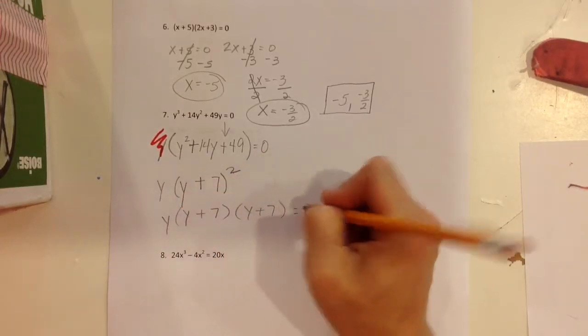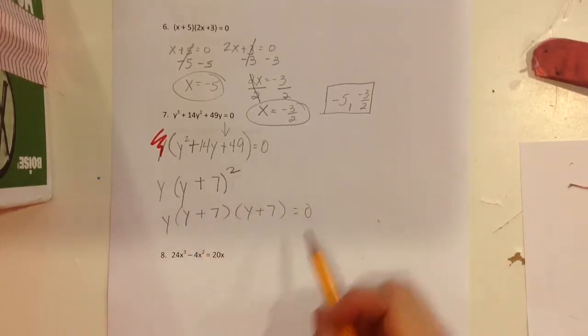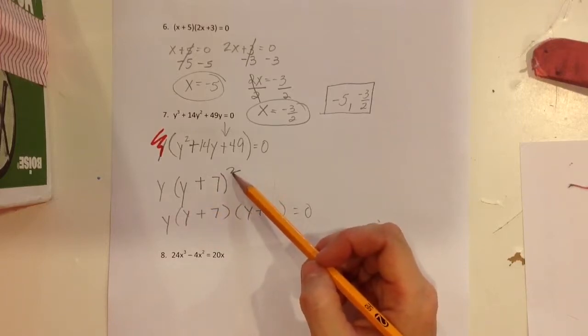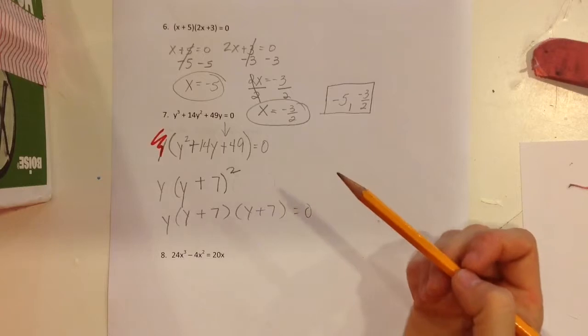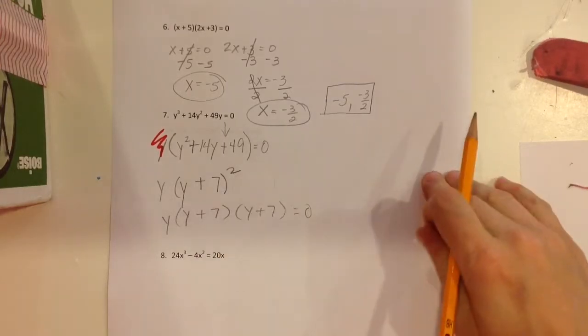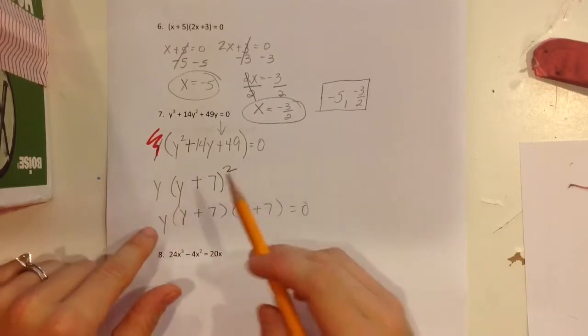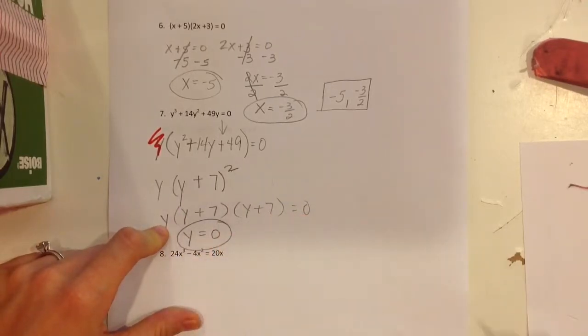All right. Now, the reason why I rewrote it like this is because, remember, we're going to set each factor equal to 0. You can set this equal to 0 and not worry about the exponent, or you can write it out like this. Now, why does it matter, or why doesn't it matter if I write it this way or this way? Because let's watch. If I set this first factor equal to 0, y equals 0 is already solved.